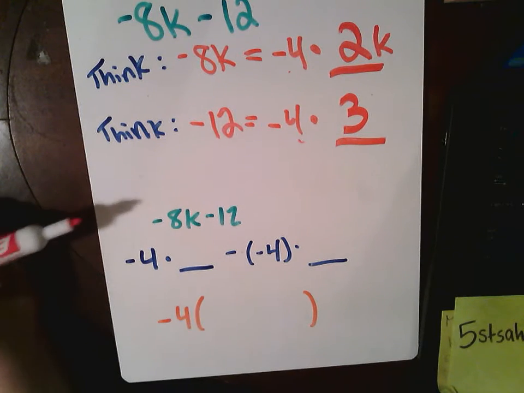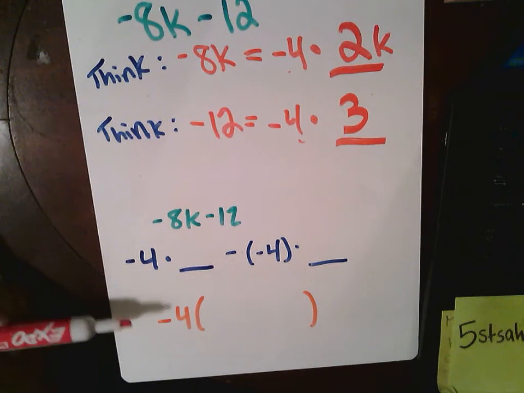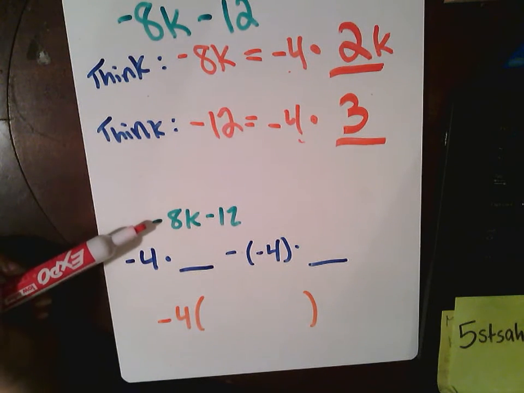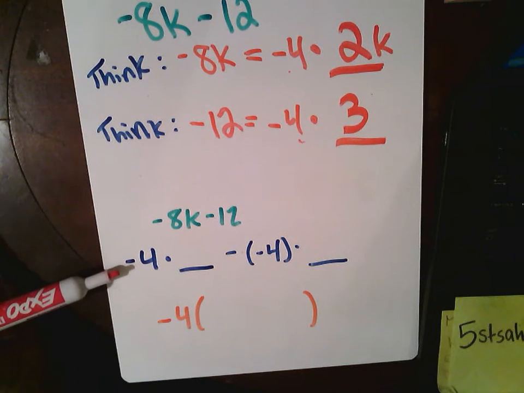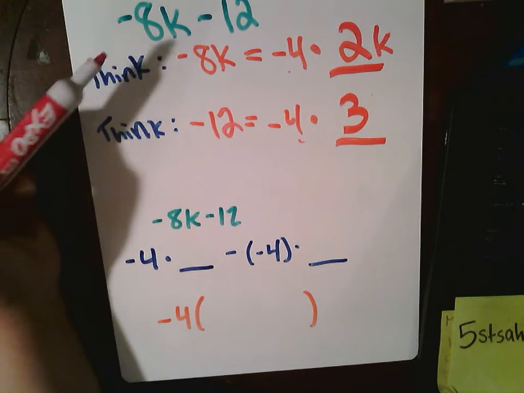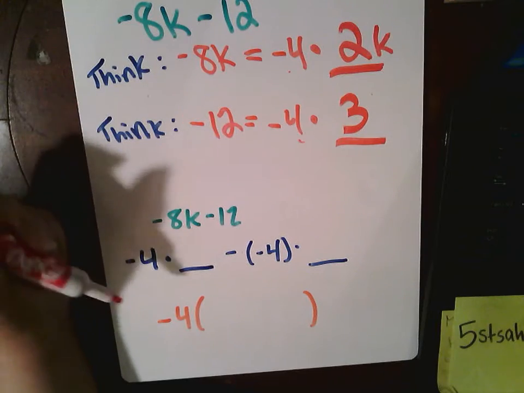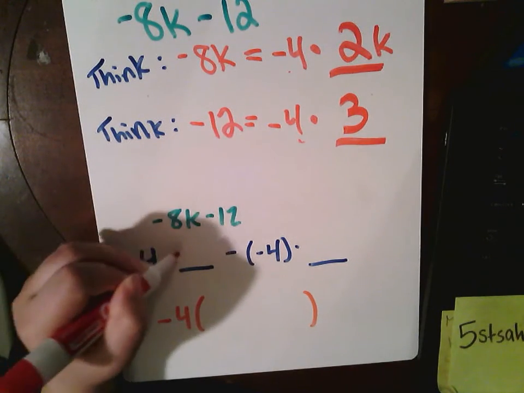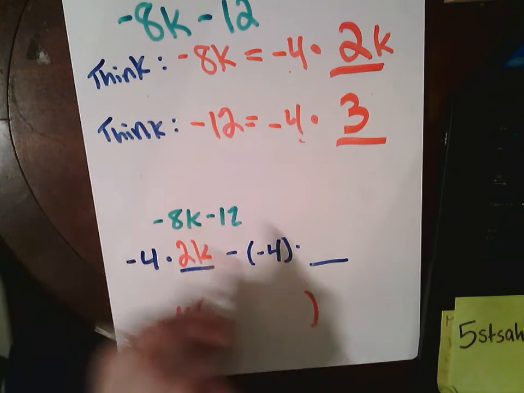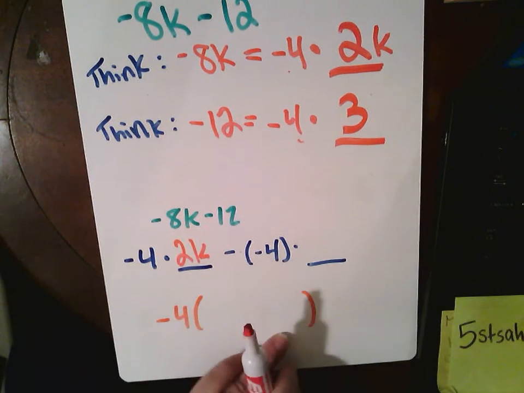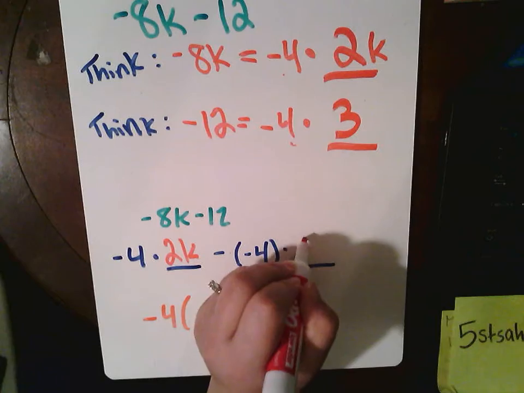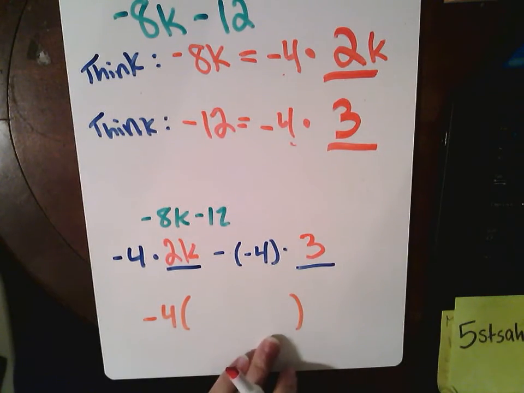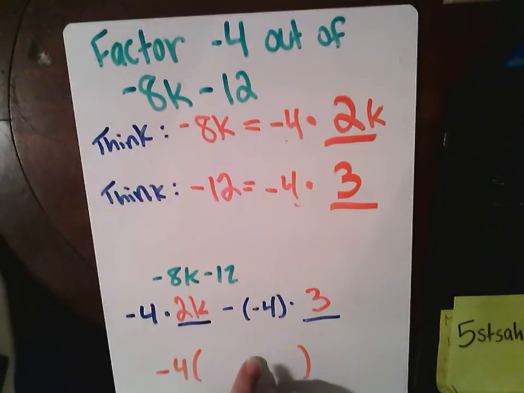So now we are gonna rewrite -8k minus 12. So we pull out our -4 because we were factoring out a -4. From negative 8k, we factored out a 2k. From negative 12 or minus 12, we factored out a 3. Yeah, that's another thing if I didn't mention it already.